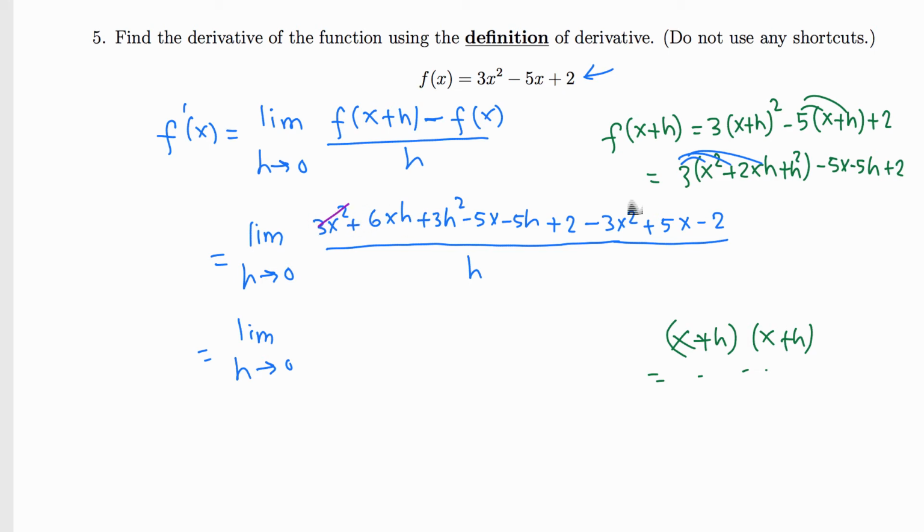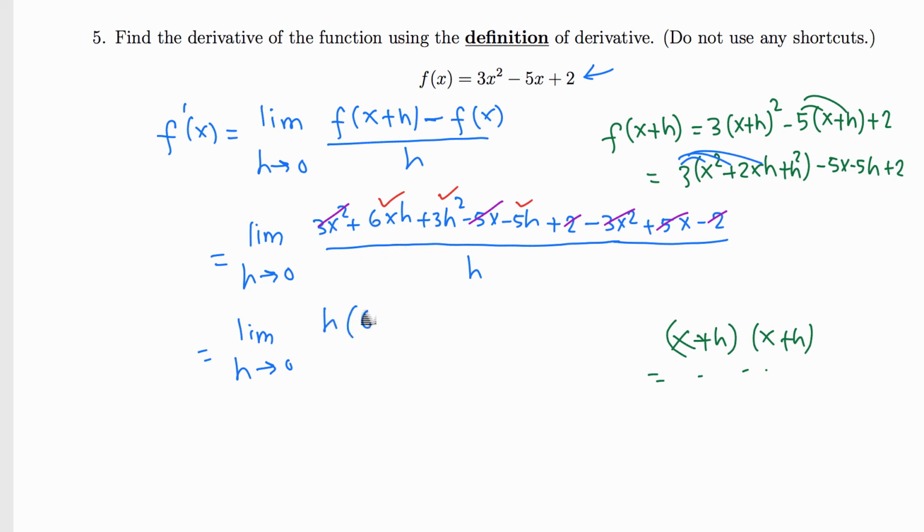Now we need to simplify the top and expect a lot of cancellations, because 3x squared positive, negative 3x squared, positive 2, negative 2, negative 5x, positive 5x. Okay, then look at these 3 terms: 6xh plus 3h squared minus 5h, and we can clearly see h is common in all 3, so we can factor h out.